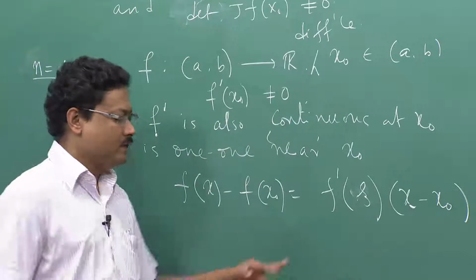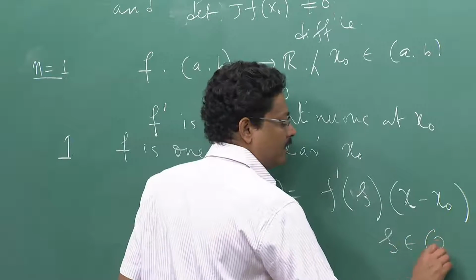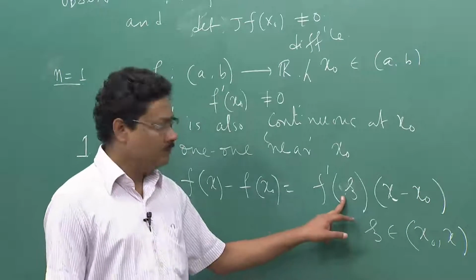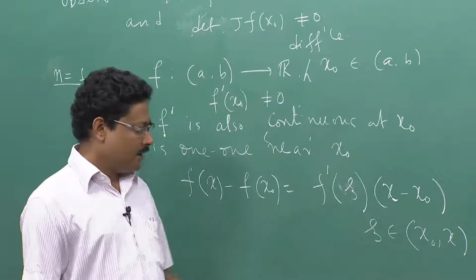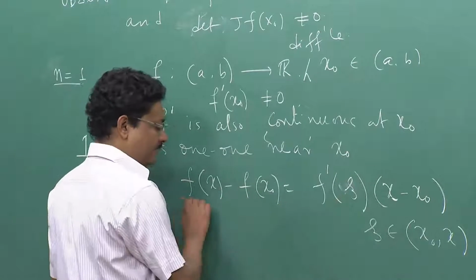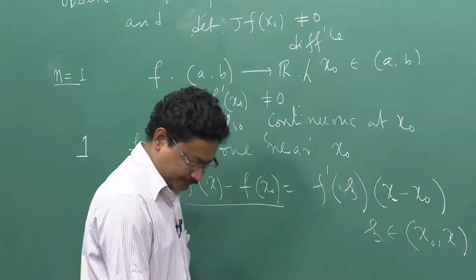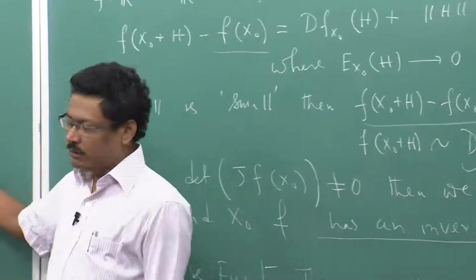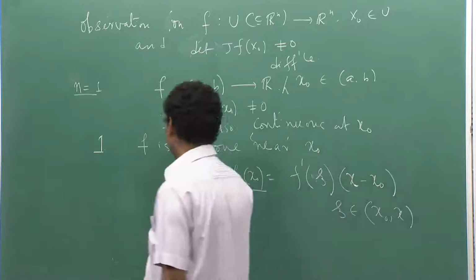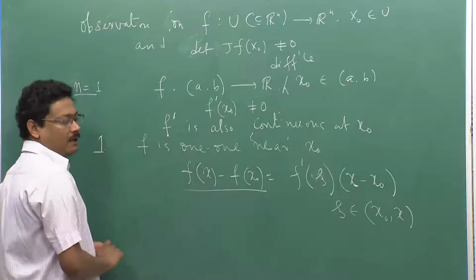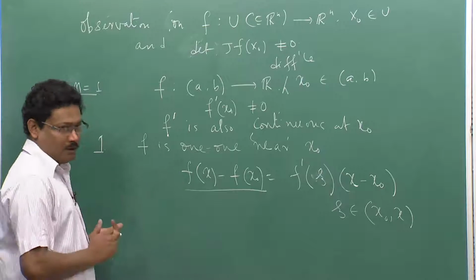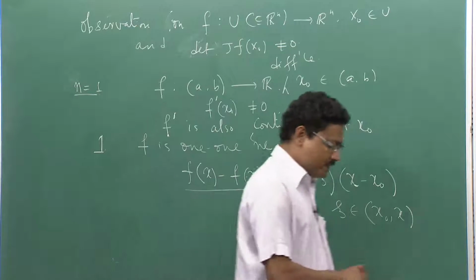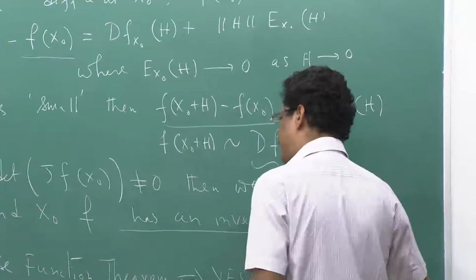So, xi will be in the interval x naught to x. I can choose an interval where f prime of xi is also non-zero, because f prime is continuous. Then this right hand side is never 0, so the left hand side is not 0. So, f will be 1 1. This simple application of MVT tells you that if f prime is continuous at x naught, f is 1 1. Okay. But I cannot use it for Rn, because in Rn we know that this version of MVT is not true. So, we have to do it in some other way, and in doing so we will observe something more.